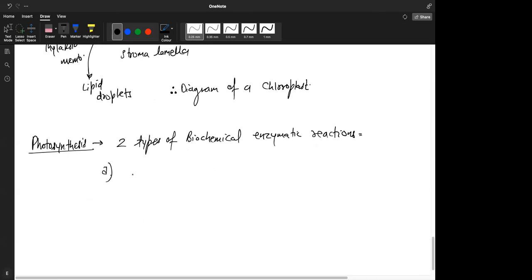The first type is light reactions, and the second type is called dark reactions.